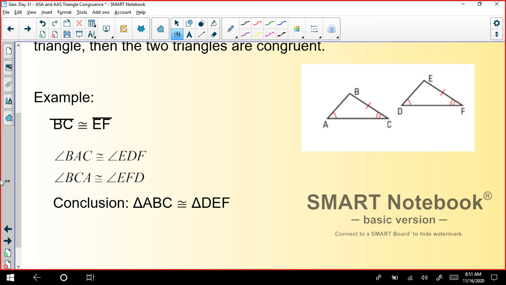In this case, we have BC is congruent to EF, and angle BAC is congruent to angle EDF, angle BCA is congruent to EFD. Therefore, these two triangles are congruent by angle angle side congruency postulate, triangle congruency postulate.